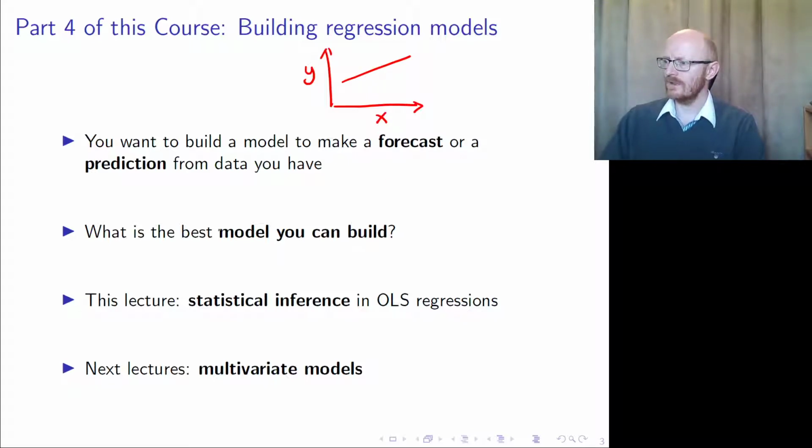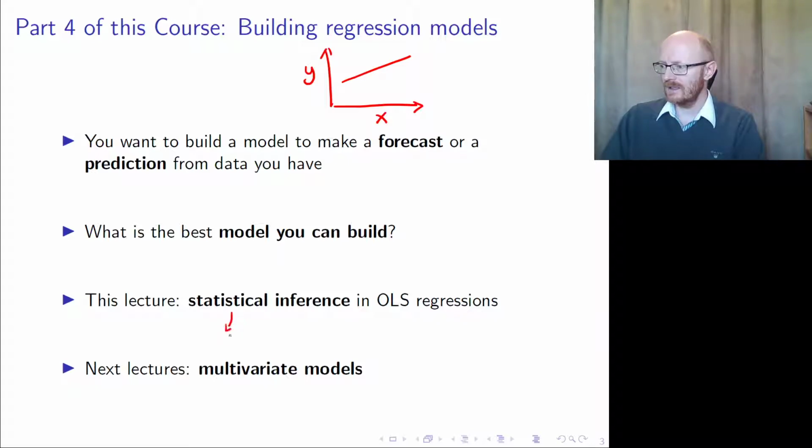Okay, so in this lecture we will ask ourselves, what is the best model that we can build, and more importantly, what kind of statistical inference can we draw from this model?